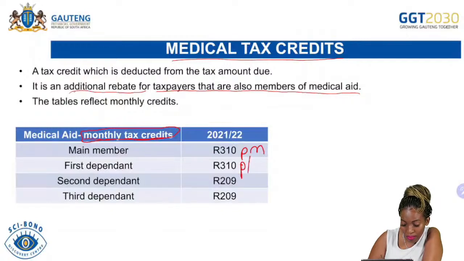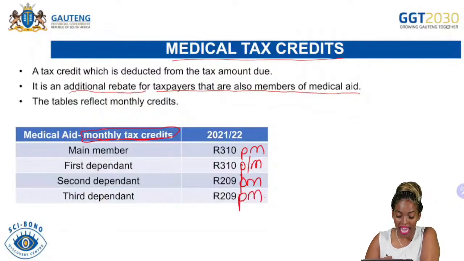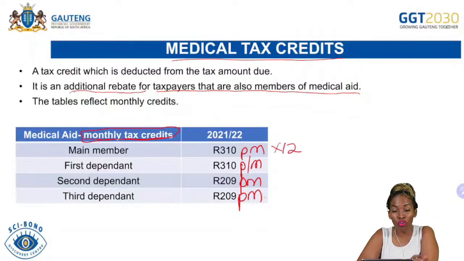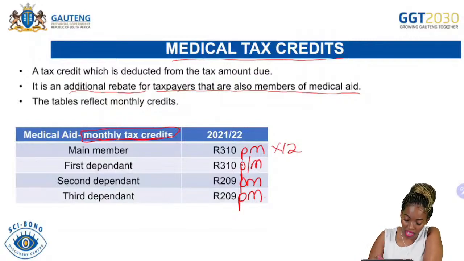If you see this one, it is per month. And the principle doesn't change: we work with annual amounts. So whatever calculations you are doing, at the end you must always multiply by 12 because we want the amounts in the annual format.